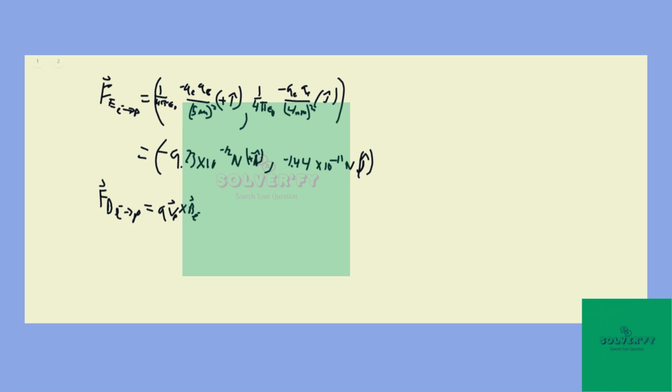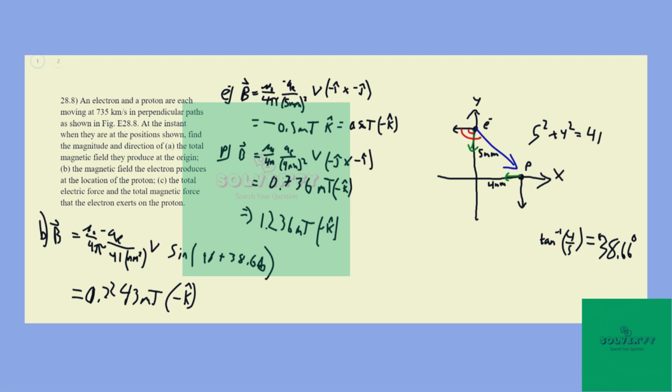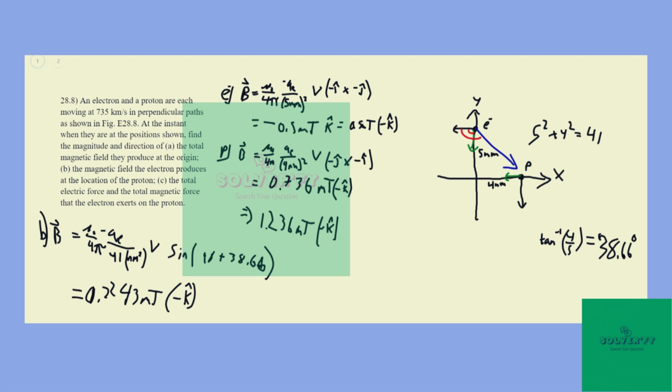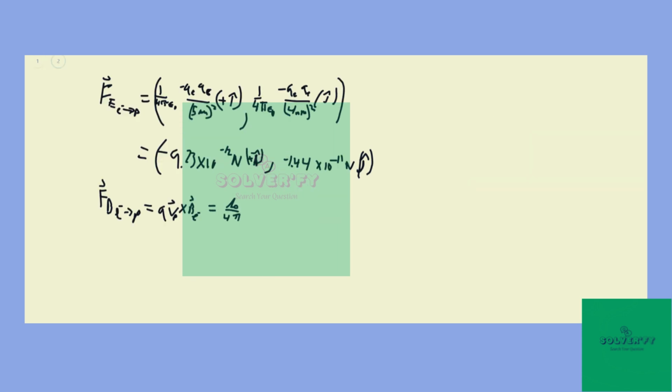So we already found the B field of the electron in the previous part. So that's part B. So we can take that. Actually, we can take a part of it. And so what we get then is mu naught over 4 pi. And basically taking this solution here with this solution, we can find out what it is.